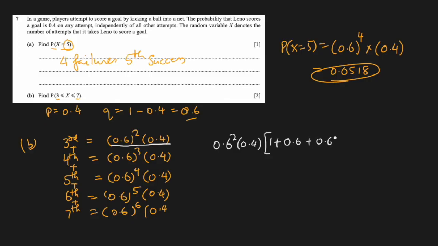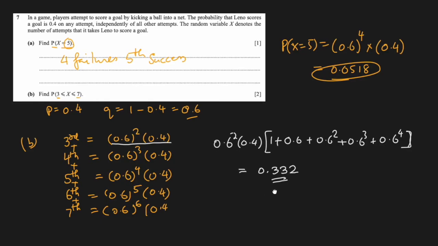Then 0.6 square for the fifth attempt, then 0.6 cube and 0.6 to the power 4. Just put this in a calculator and you'll get your answer. What I'm getting is 0.3320064, so I'll write 0.332 to 3 significant figures.